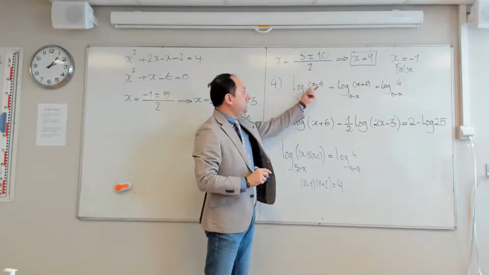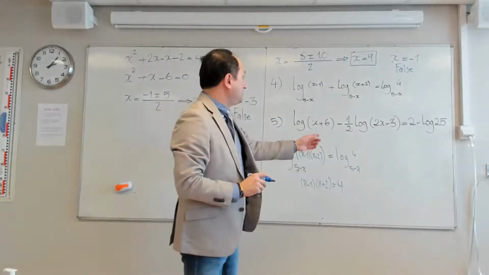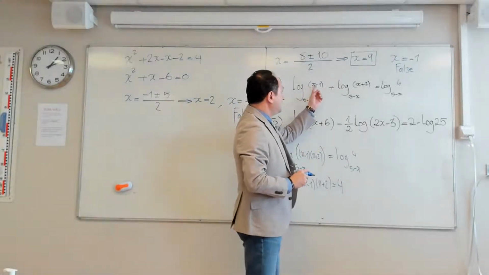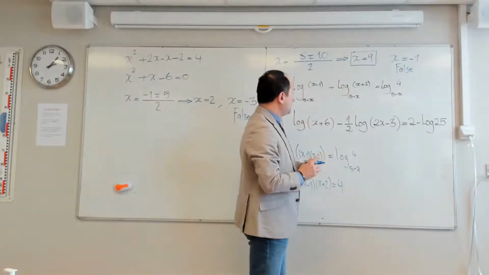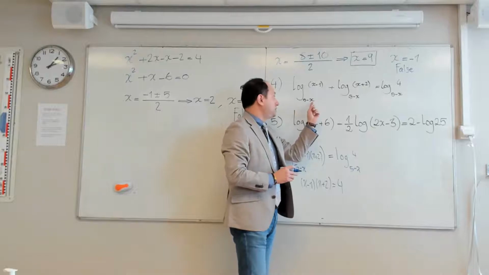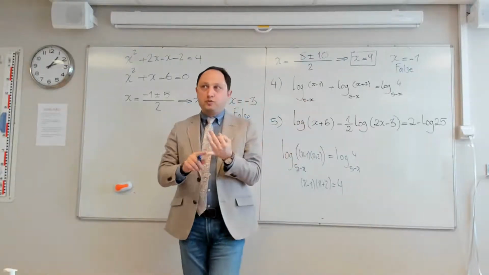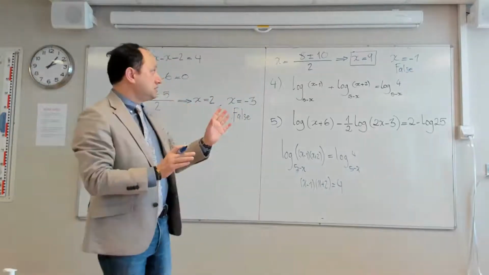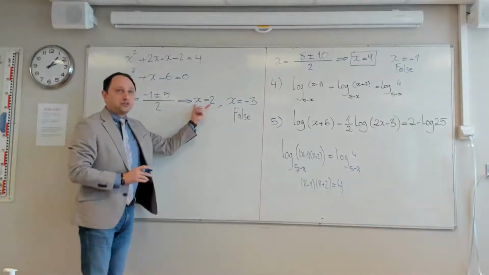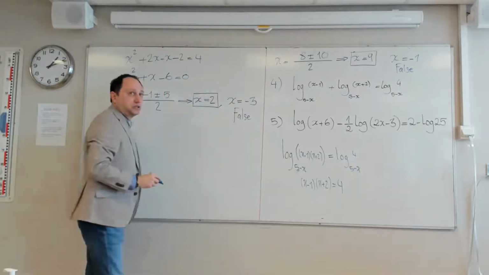If I put 2 here, it becomes positive. But you also have to check the base. Be careful. If I put 2 here, the base becomes 3. 3 is acceptable because it should be positive and not equal to 1. So everything is safe if I choose x equal to 2. So it means that my answer is x equal to 2.